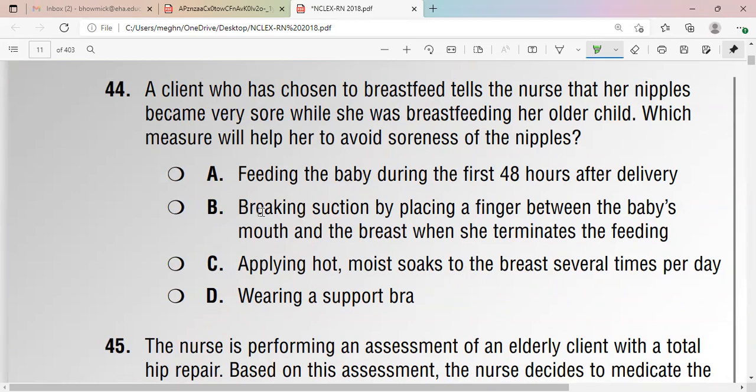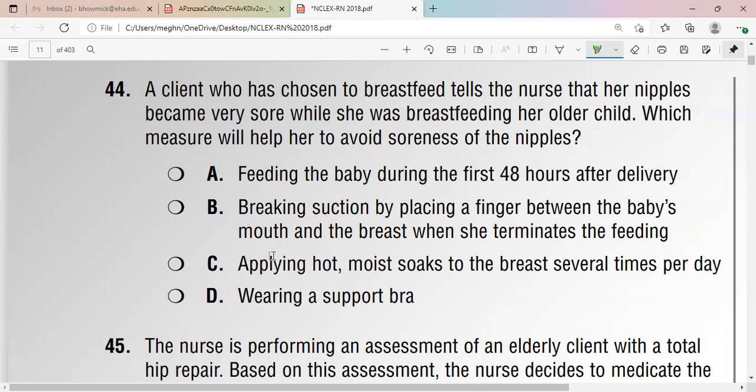Number B, breaking suction by placing a finger between the baby's mouth and the breast when she terminates the feeding. C, apply hot, moist soap to the breast several times per day. Number D, wearing a supporting bra.